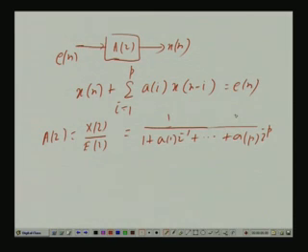Question is, the solution that you get from A1 to AP, does it give rise to a stable and causal filter for AZ? That is, does it give rise to a system that has poles, that is roots of this denominator polynomial, lying within the unit circle? Answer is yes. Wiener equation guarantees that, and that is what we will prove now. And again, there are various ways of proving it.